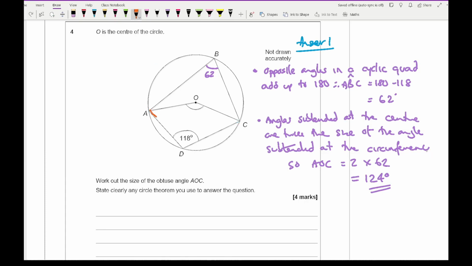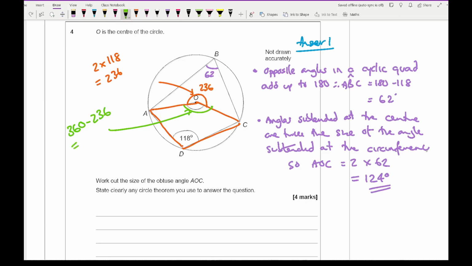So this shape here is an arrowhead, which therefore means that this angle here is going to be 2 times 118, which is 236. So then I can then work out what this angle here is going to be, which will be 360 minus 236, which gives me an answer of 124 also.